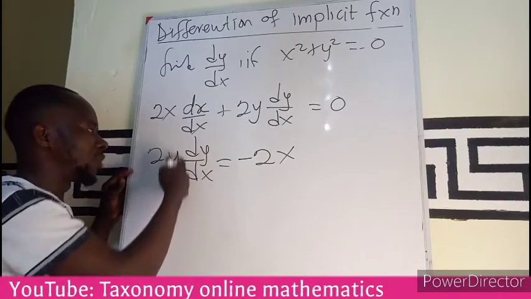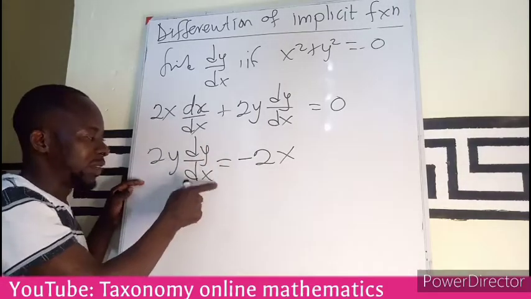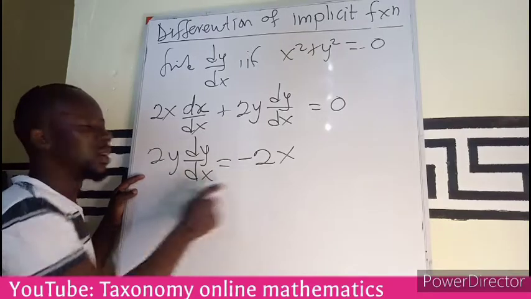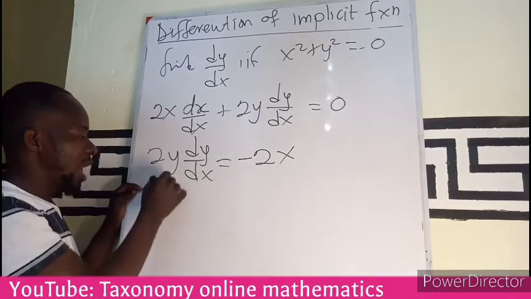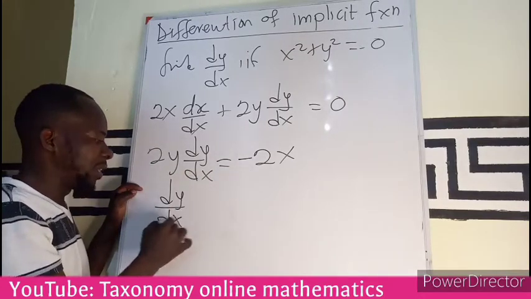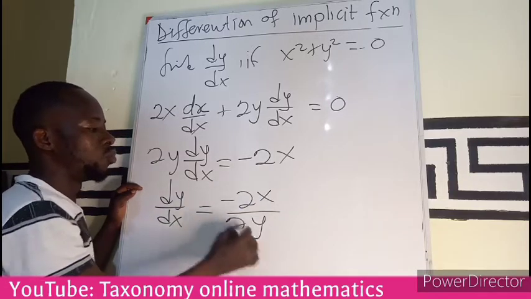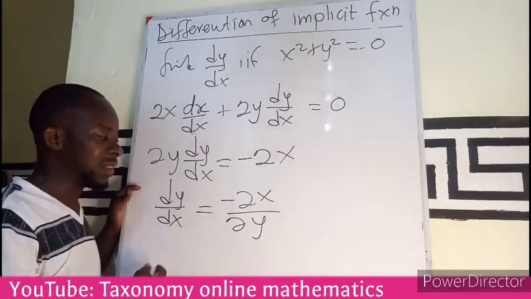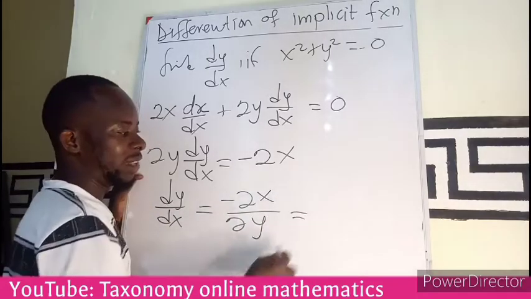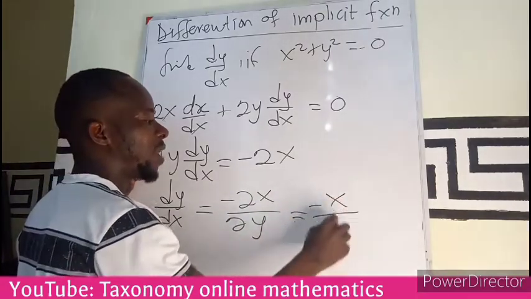We keep dy/dx by dividing both sides by the coefficient. So I have dy/dx equals minus 2x over 2y, and we can cancel out. So our dy/dx is just going to be minus x over y.